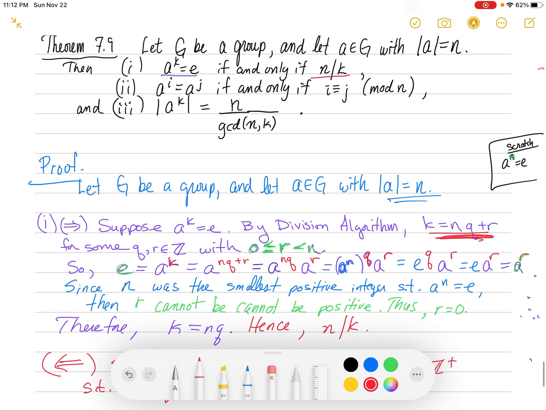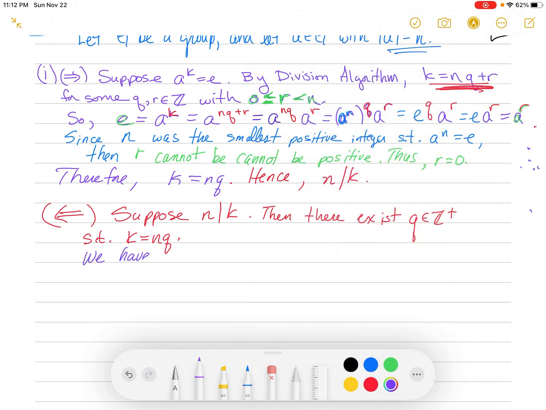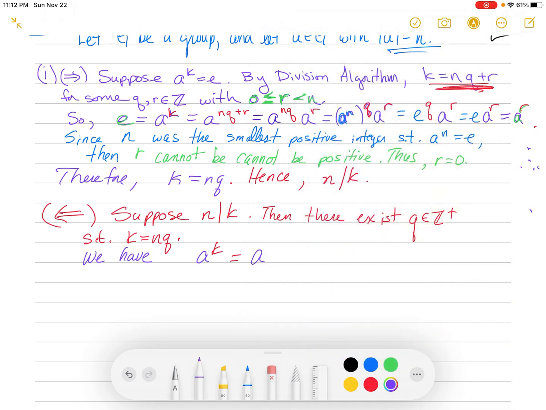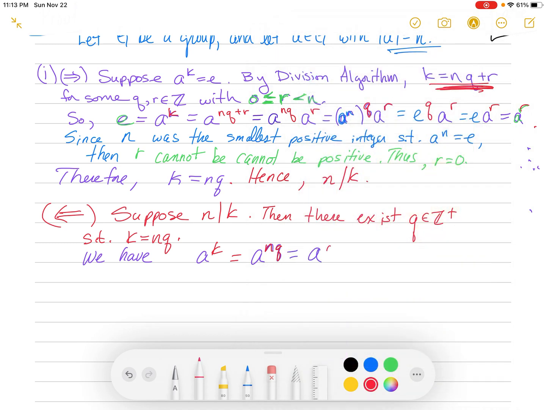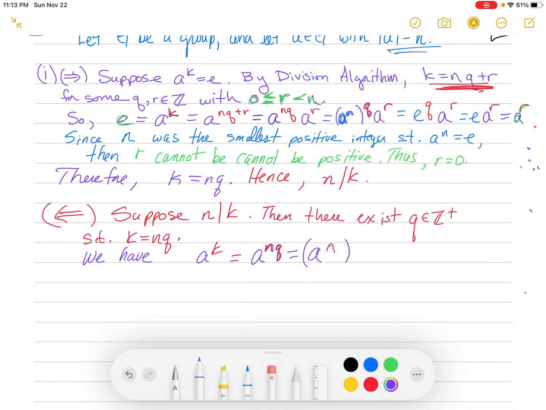So now what I want to do, I want to raise a to the k power, right? We want to show a to the k equals the identity, so let's raise a to the k. So we have a to the k power equals a to the nq, in other words, a to the n to the q.